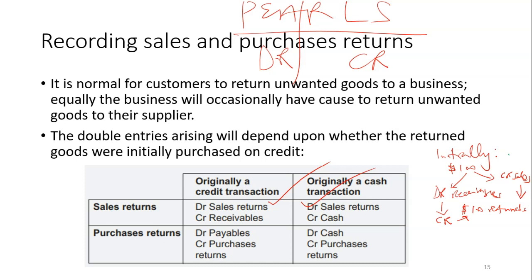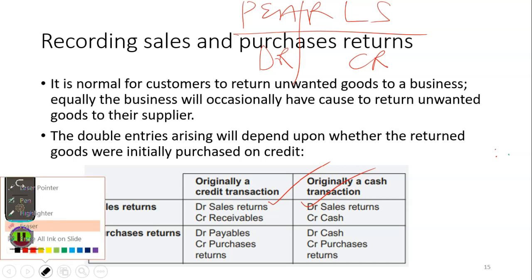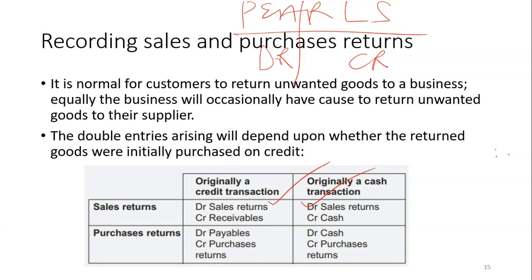Alright, on the purchases return. Initially, what happened when we bought goods on credit? Let me just erase here. If you buy goods on credit, you debit purchases and credit payables. That's initially what happened.